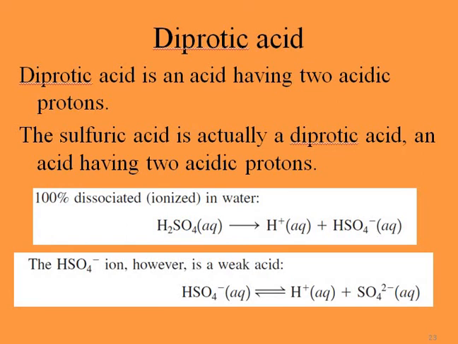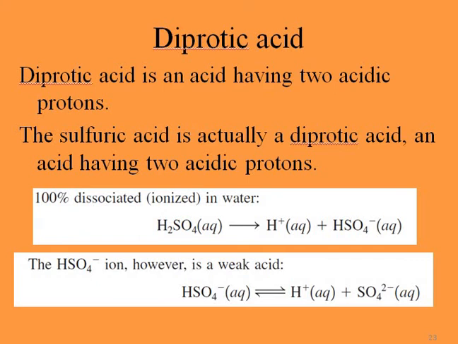HSO4 minus still has one more proton that it can lose, so we call it an acidic proton. Remember, not all hydrogens are acidic protons. Those hydrogens that a chemical can lose to become a conjugate base are called acidic protons.